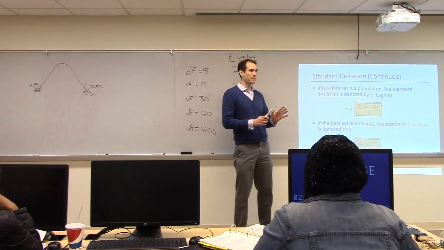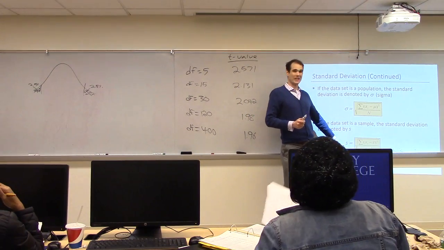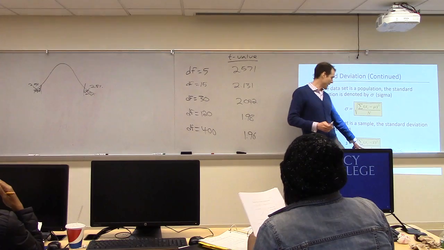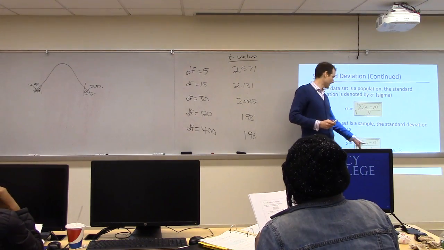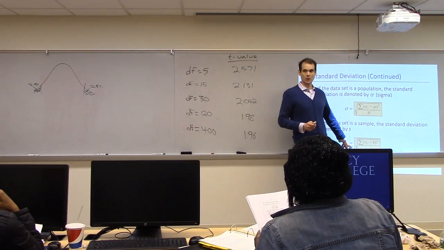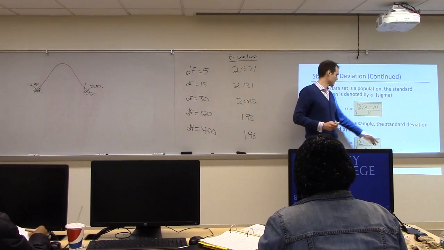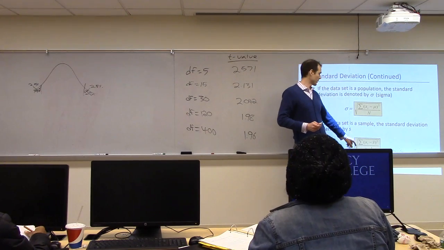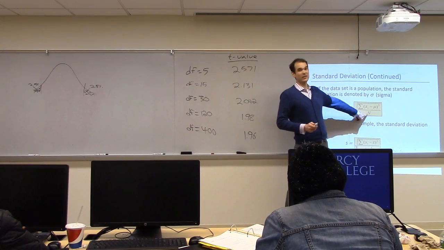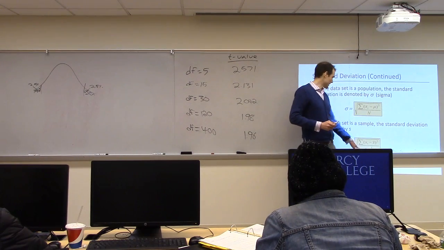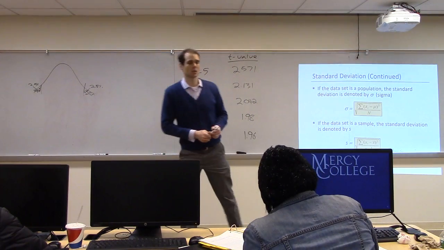If you cast your mind back to class 1, when we're calculating the sample standard deviation, we have this n minus 1 in the denominator, and that's going to make this bigger. So average distance, we square it, sum it all up, take the square root of it. Before we do that, we divide by n minus 1 instead of n. And so this sample standard deviation is going to be a little bit bigger as a result.